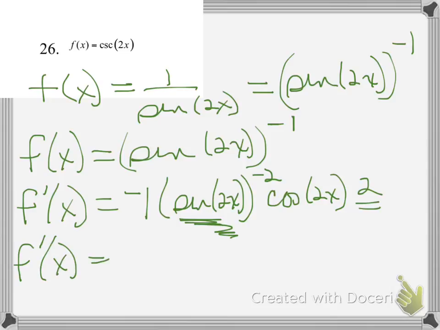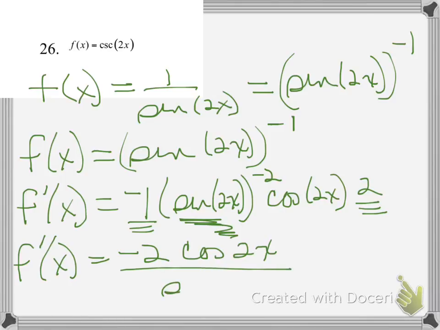Okay, the 2 gets multiplied by the negative 1, and you have a negative 2 times the cosine 2x, and then your sine 2x belongs in your denominator, and you can write it again in the traditional form because you are done with the problem. That is the best form, and that is the form I expect from you at this point in calculus.